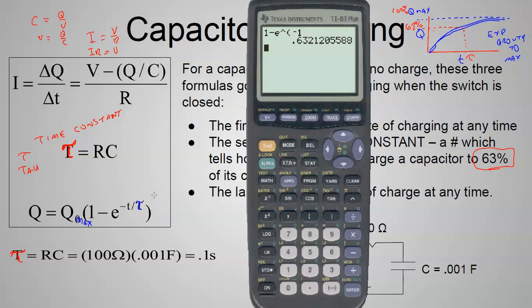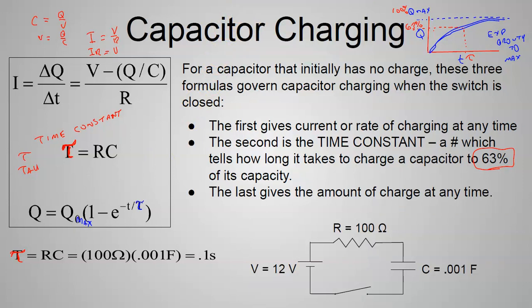And that's why 63% is the measure. The difficulty with saying, well, how long does it take to reach 100% is because, you know, the graph here is approaching Q max asymptotically. It gets closer and closer, and if you know anything about calculus, then you know that technically that happens at infinity.